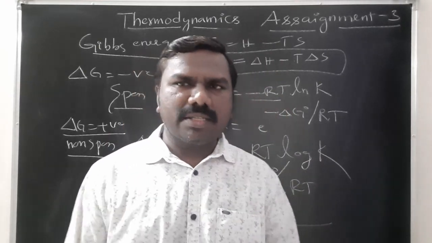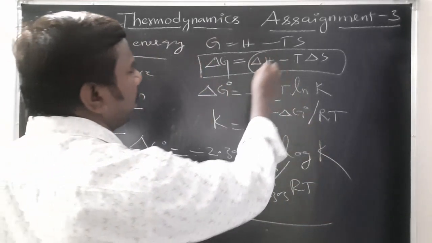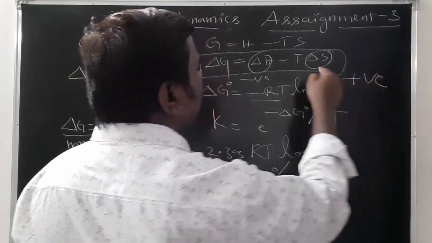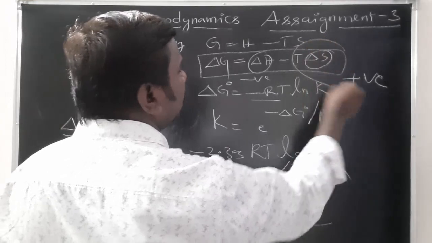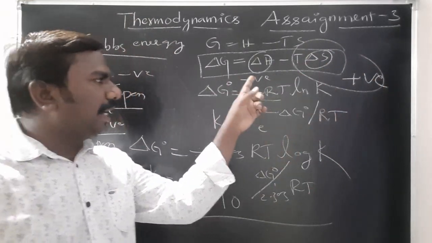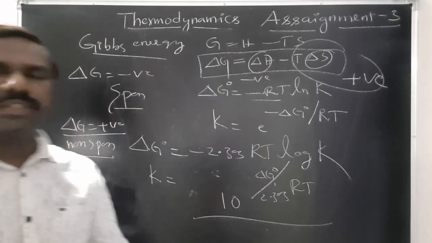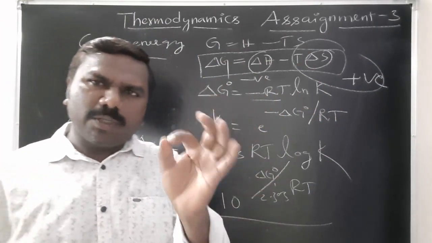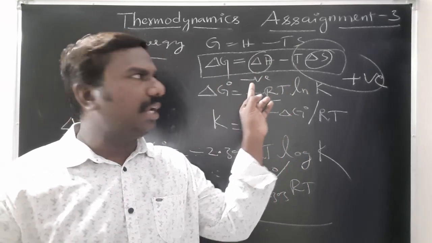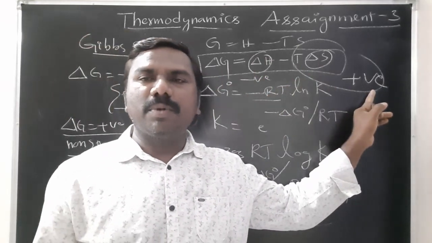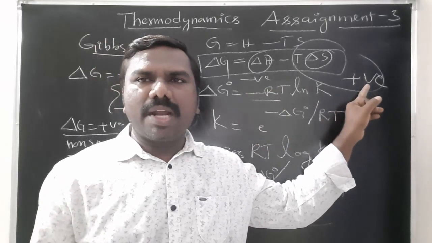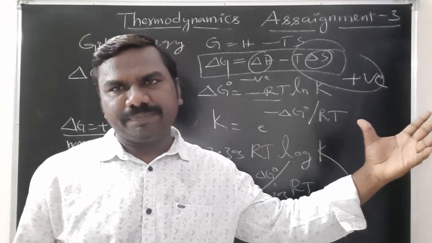For a spontaneous reaction here, delta H must be negative and T delta S must be positive. Positive into negative, negative. Negative becomes more negative. Delta G negative, it is a spontaneous reaction. It means for a spontaneous reaction at all temperatures, delta H must be negative and delta S must be positive. It should be an exothermic reaction, and entropy or disorder must be very high.